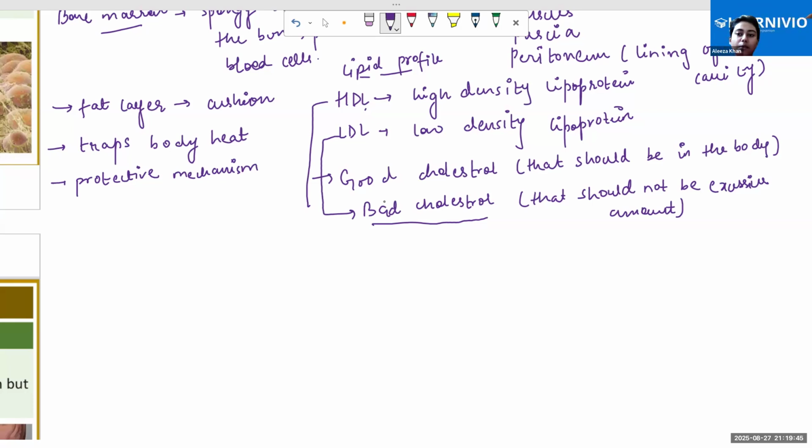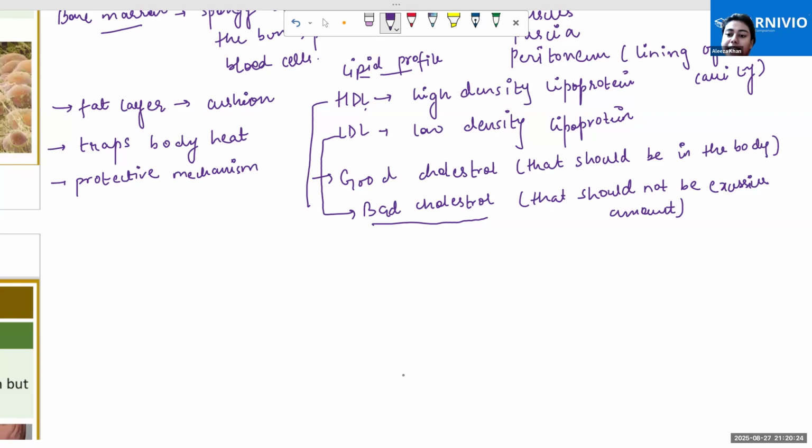Whenever the body has an excessive amount of LDL, there will be deposition of this fat in any of your arteries. That artery will get blocked, blood will not flow through it, and hence there could be a heart attack or any other heart related condition, and even death. There are other reasons also, but one of the major leading causes of death is excessive bad cholesterol in the body.